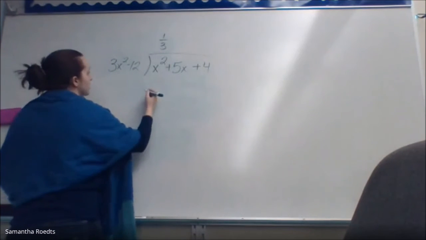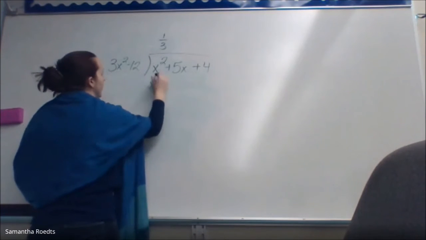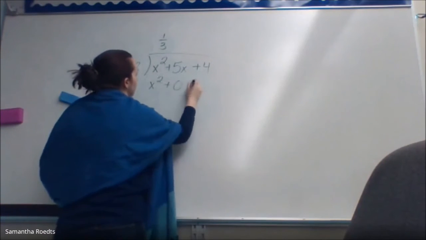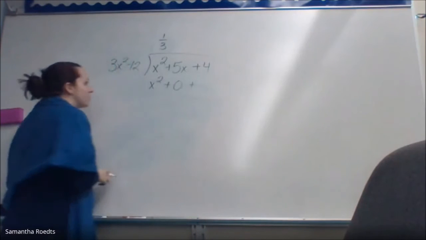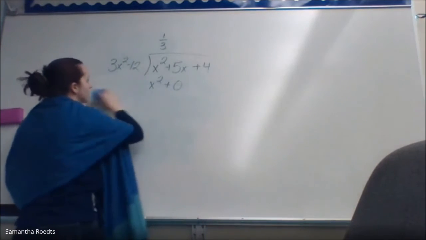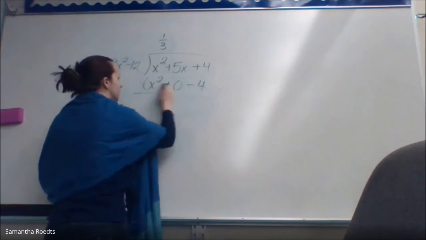So 1/3 times 3 gives me x squared. 1/3 times 0, and then 1/3 times -12 gives me -4. Of course, I'm subtracting.